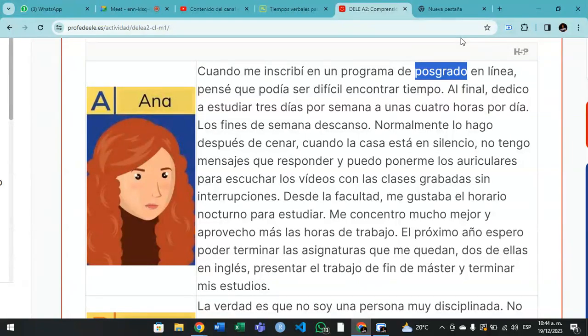And after you graduate, you can do like a PhD or things like that. Oh, is it like post grad? Yes. But en línea, so online, like online post grad.